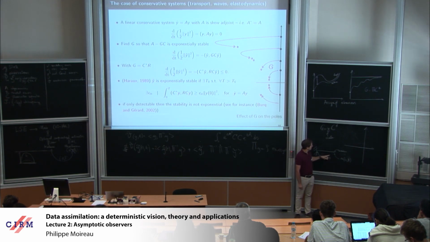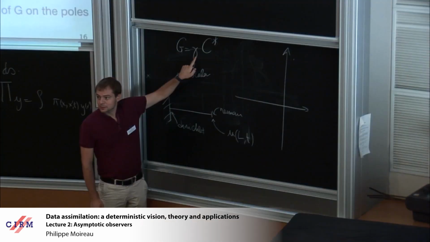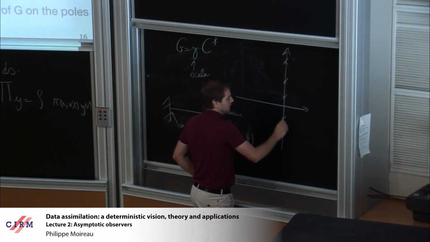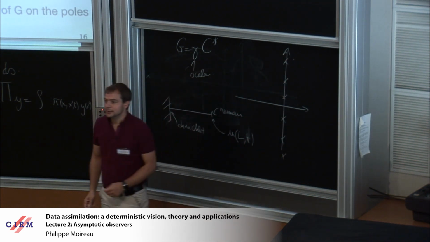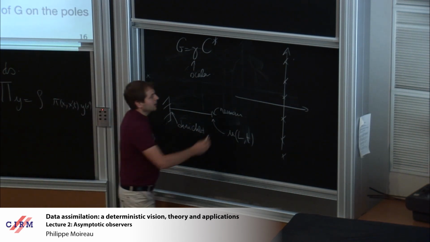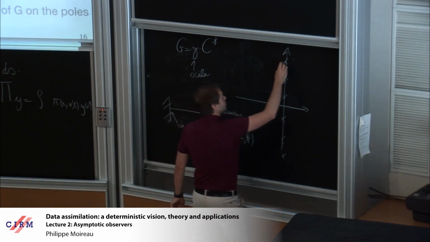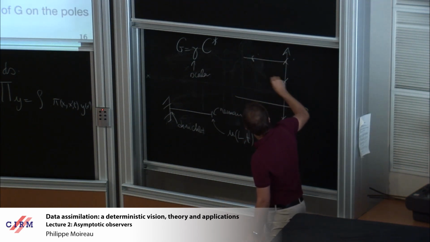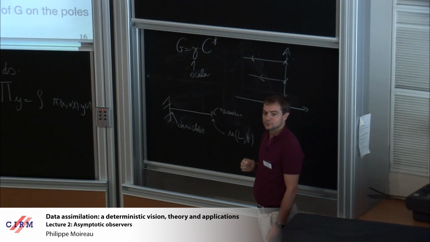Now you play with gamma. First all your poles are here, and you try to play with gamma. What you could expect at first sight is that you get something like that, which could be nice.